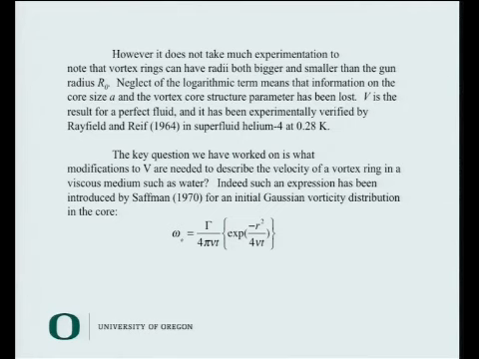Now, what I am aiming to do is to find a way to provide the same sets of formulas for propagation of a vortex ring in a viscous fluid as we have in the old books like Lamb for an inviscid fluid. And the question is, how can you make any progress in that direction?